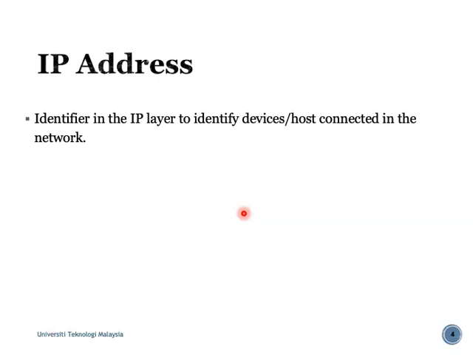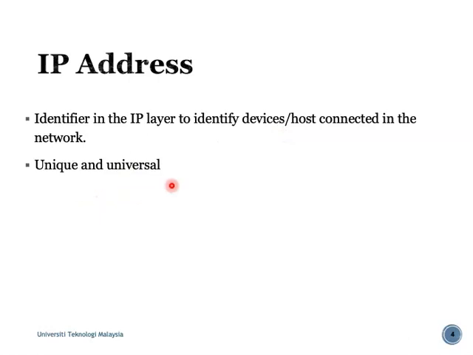We know that every host and router on the internet has an IP address. It can be used as source address and also destination address in the IP packets. So basically, IP address is an identifier in the IP layer to identify devices or hosts connected in the network. The address is unique and universal.